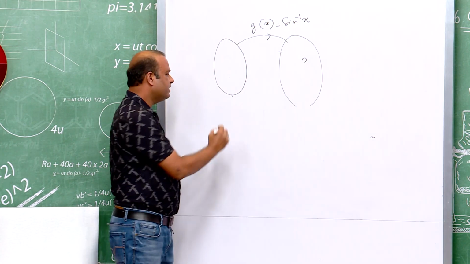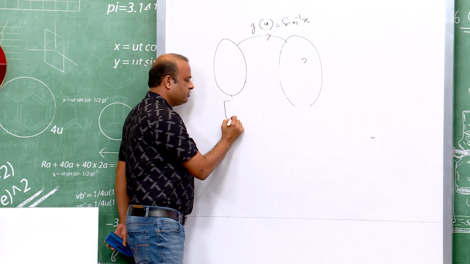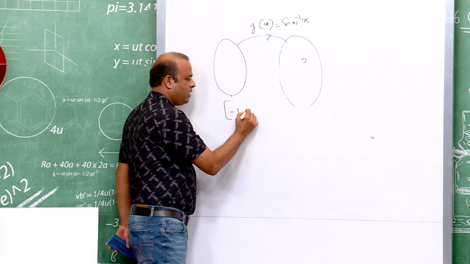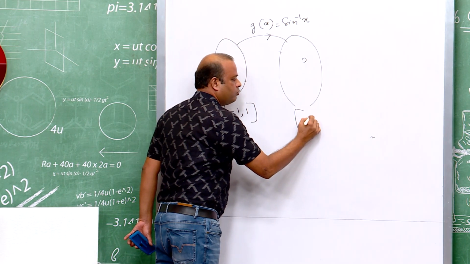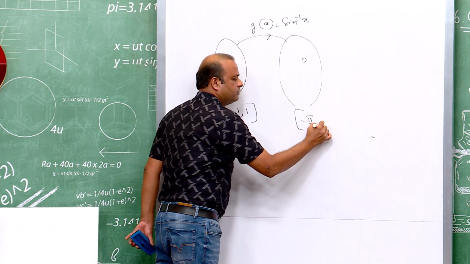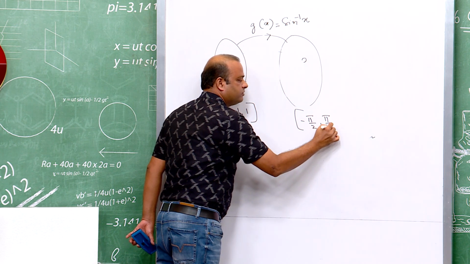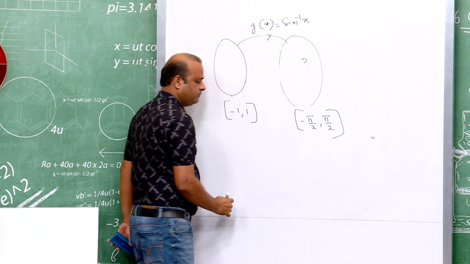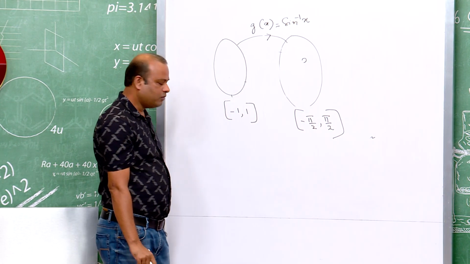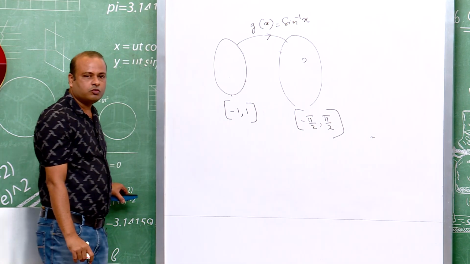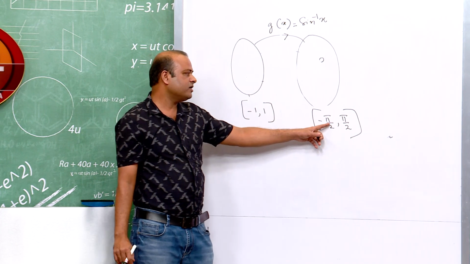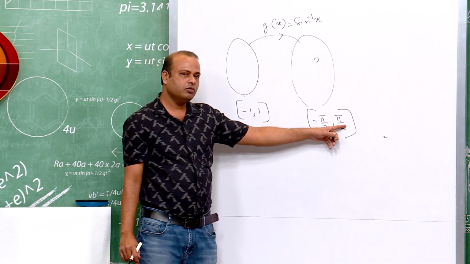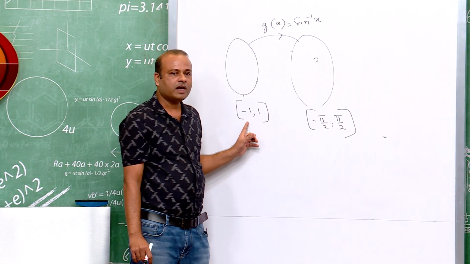Naturally its domain is from minus 1 to 1 and its range is from minus pi by 2 to pi by 2, because sin x is one-one as well as onto from the closed interval of minus pi by 2 to pi by 2 to minus 1 to 1.